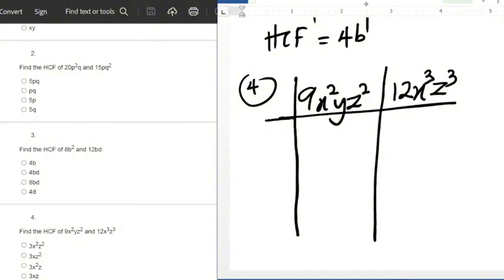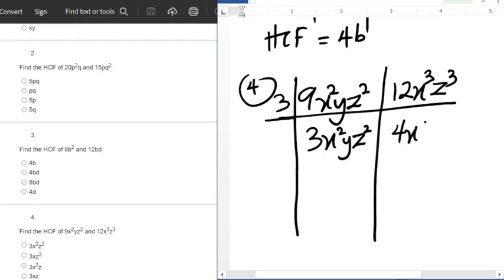So let's find it straight. What can go here? What can go is 3. So 3 in 9 is 3x squared yz squared. What can go in 12 is 4x cubed z cubed.